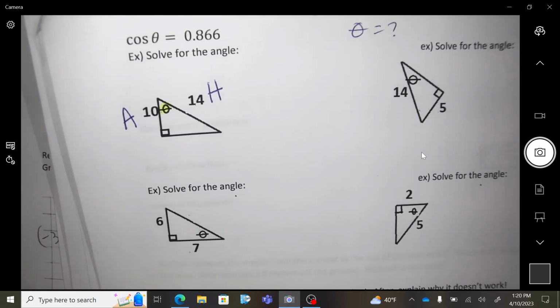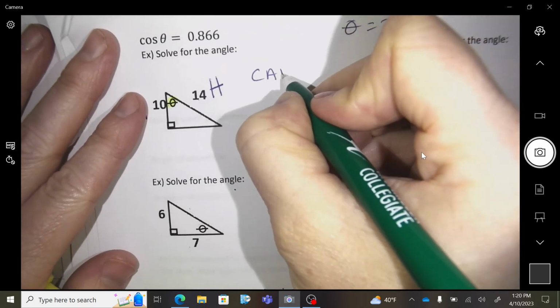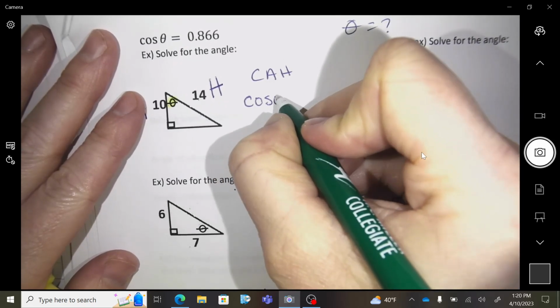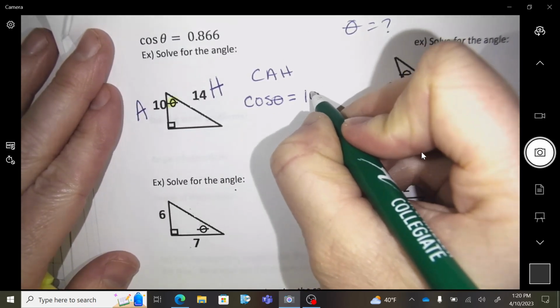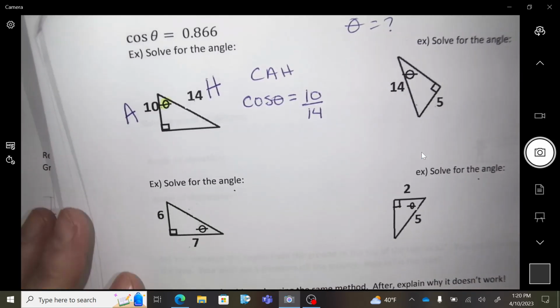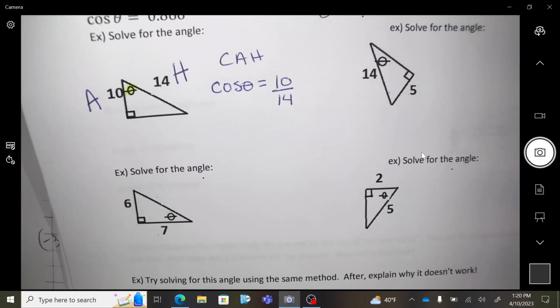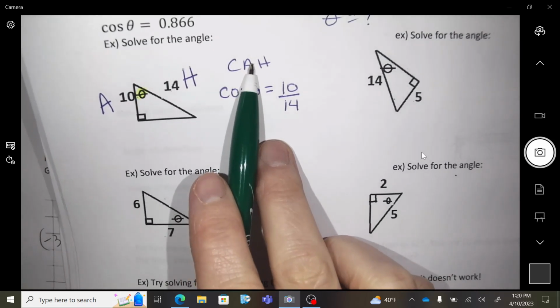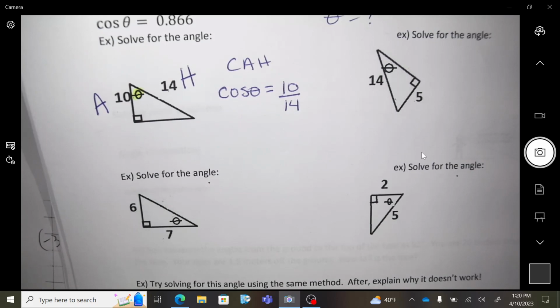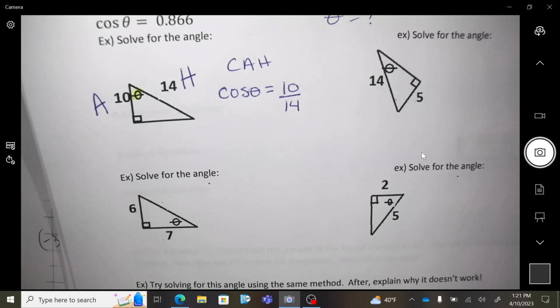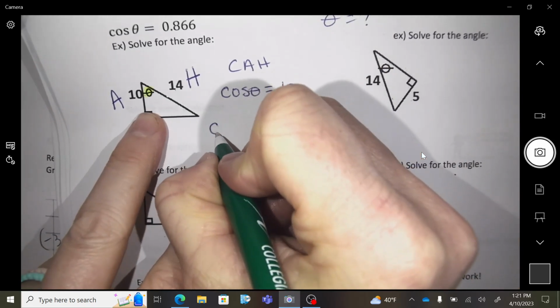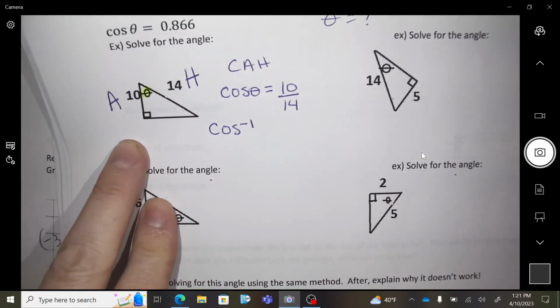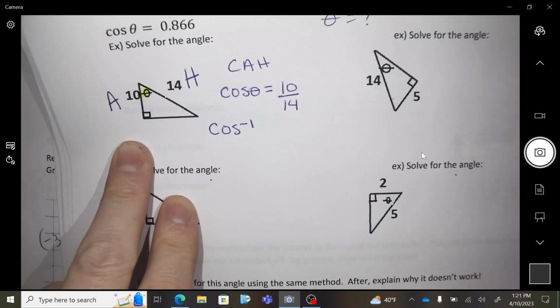Okay, which method do we go with? The SO, the KA, or the TOA? KA. So cos of the angle equals 10 over 14. Remember doing that last week? The cos equals the adjacent over the hypotenuse. Okay, how do I figure out the angle now? So what's the process for getting the angles? Cos inverse. And now this is the important new step.